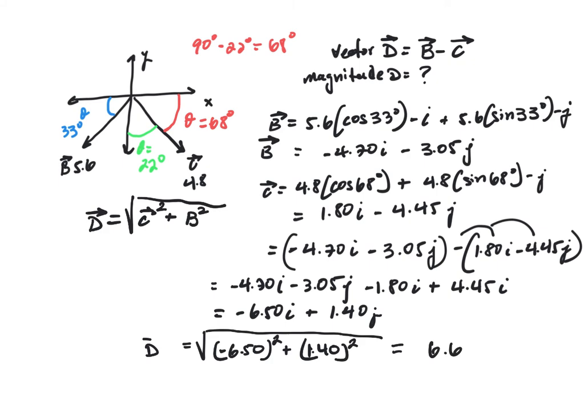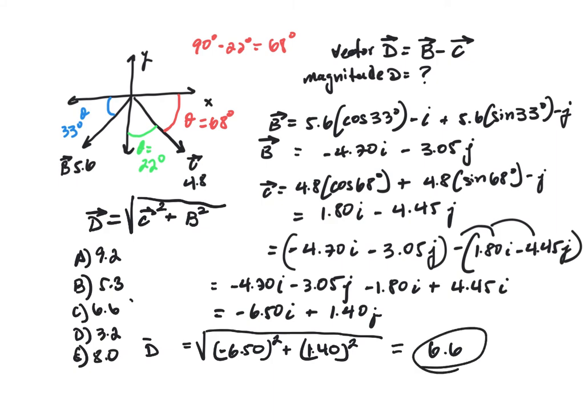And our options on this question are A, B, C, D, E with 9.2, 5.3, 6.6, 3.2, 8.0. So the answer to this question is 6.6, which comes out to being option C.